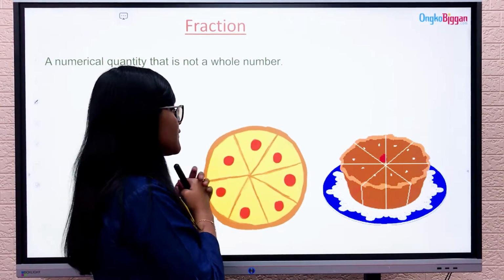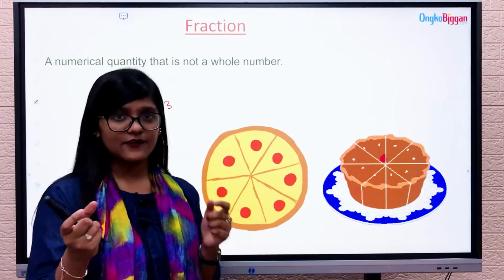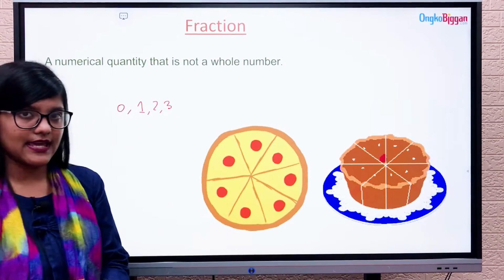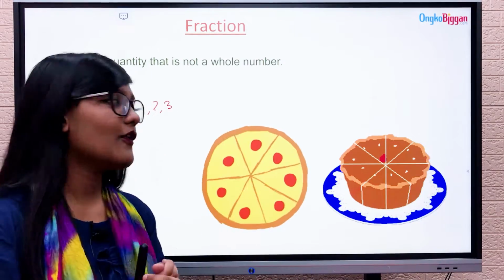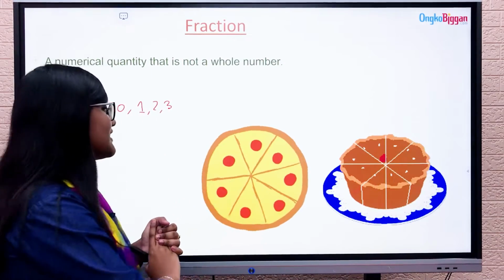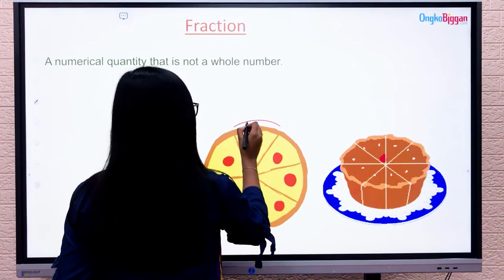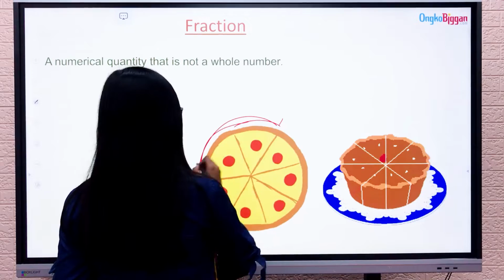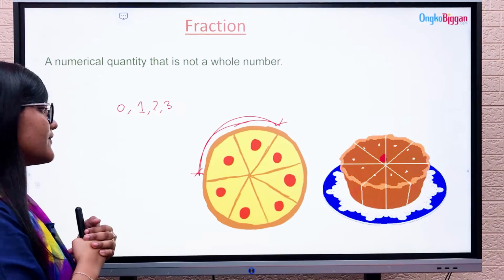But if you go to a shop to buy just a slice of pizza, then what will you say? For this, there is an inclusion of fraction. If you are given one slice of the pizza or 2 slices of the pizza, then we will express this in the form of fraction.